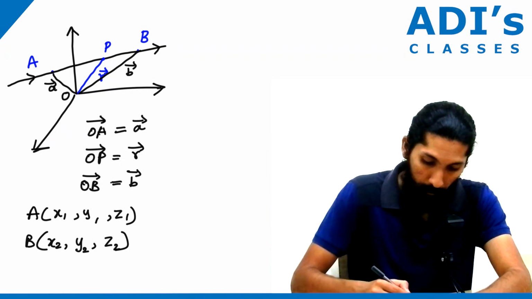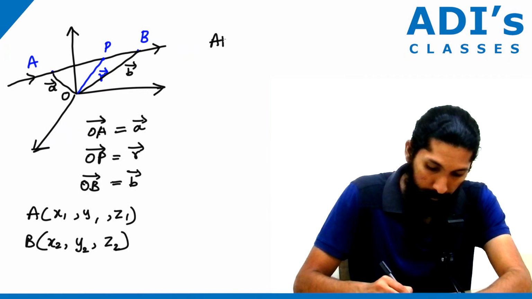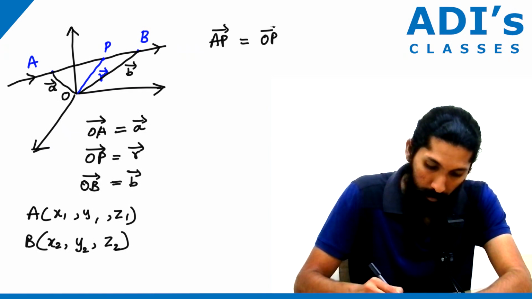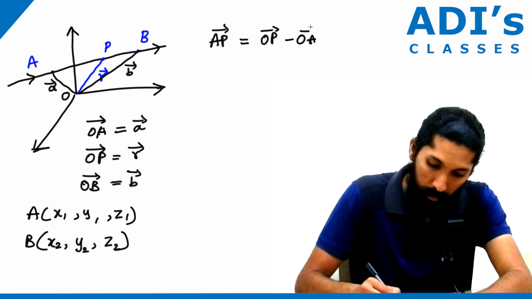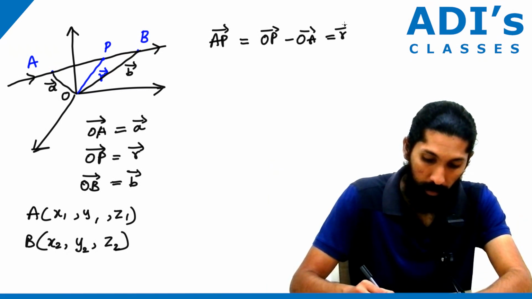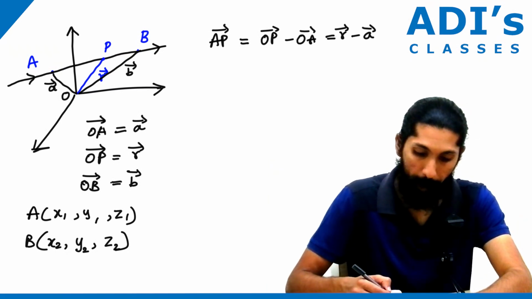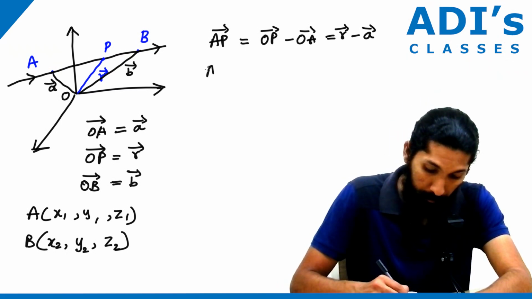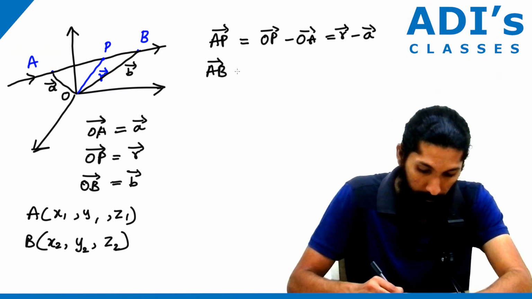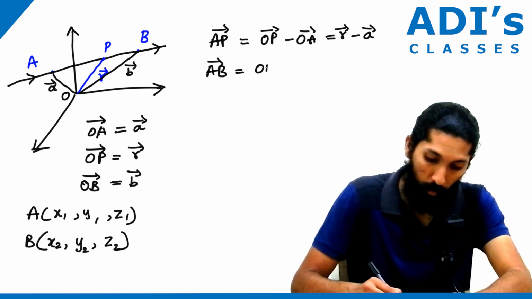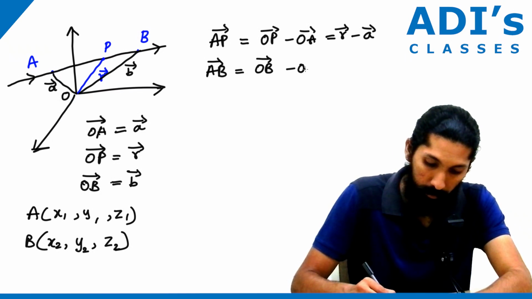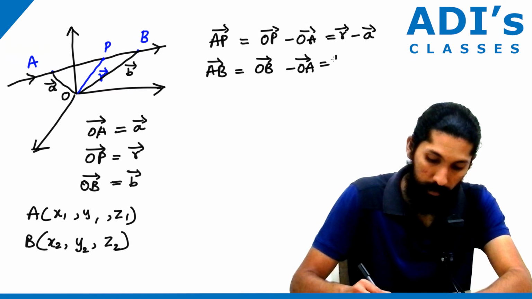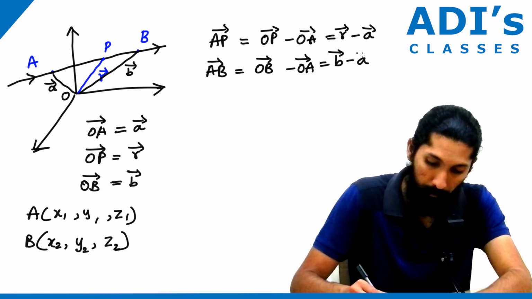Now here vector AP, see vector AP is what? Vector OP minus vector OA, which basically gives us vector R minus vector A, isn't it? Now what is vector AB? Vector AB becomes vector OB minus vector OA, which gives us B minus A.